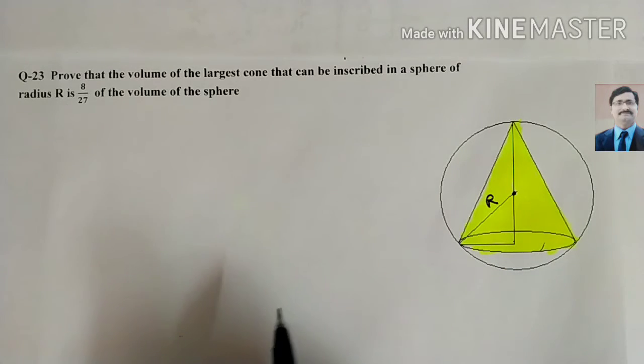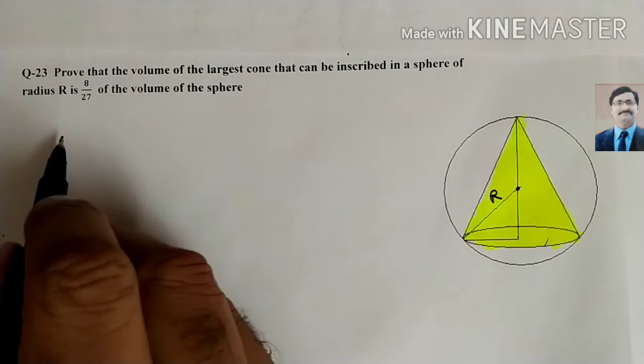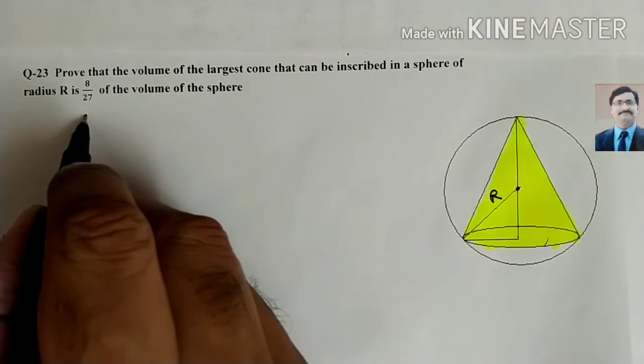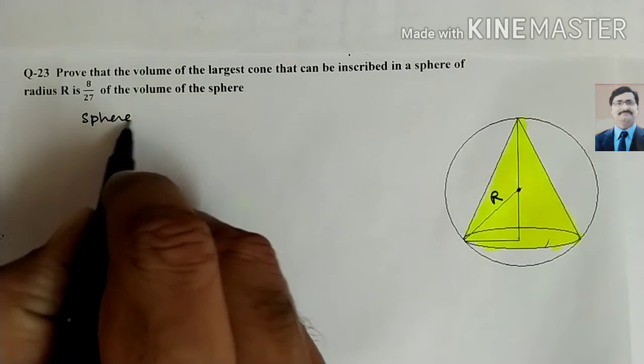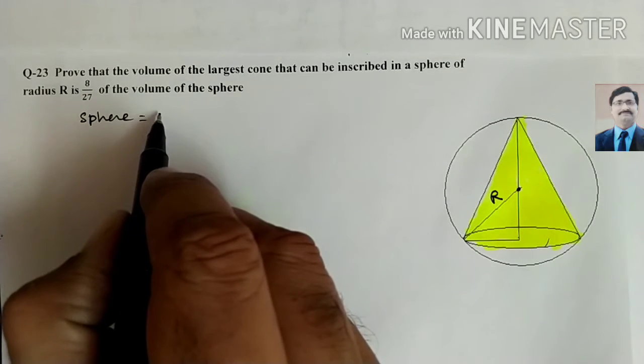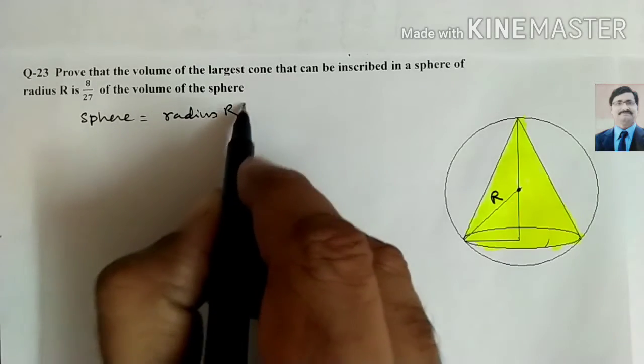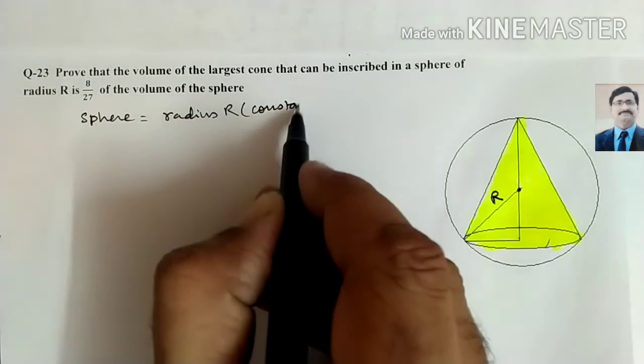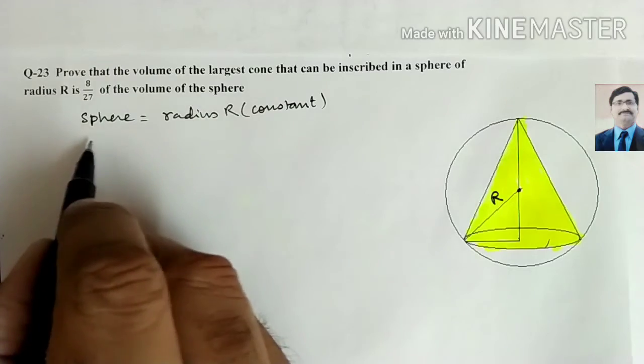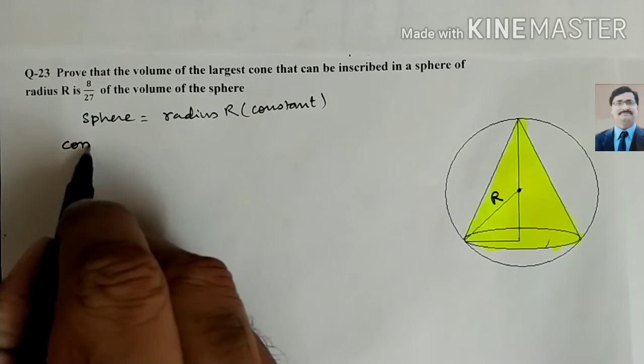So look here, first we will take the sphere. Sphere is fixed, so here the radius R is constant, okay, and second we have the cone.